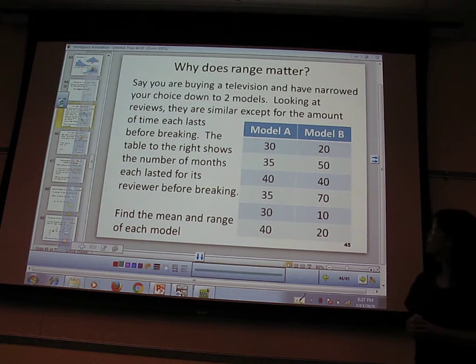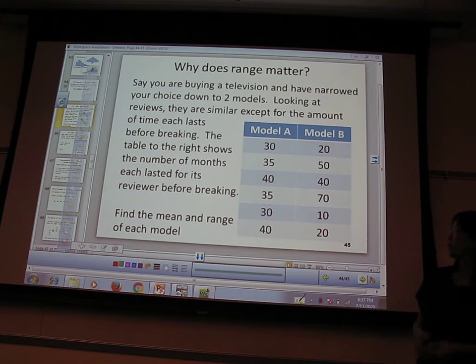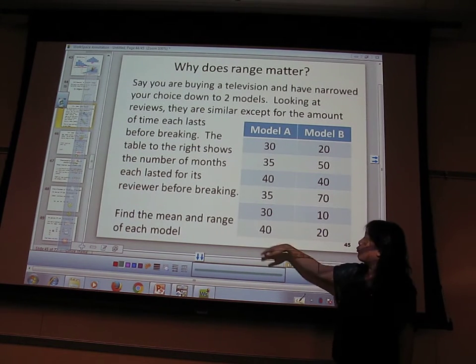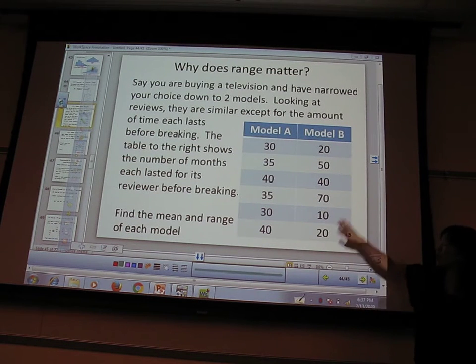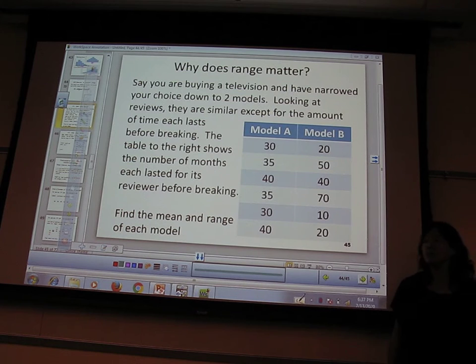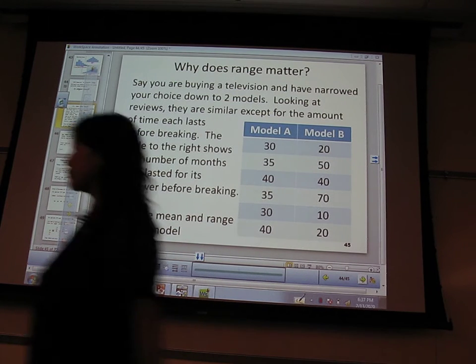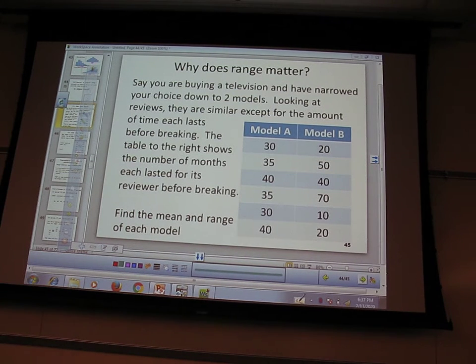So first off, find the mean and range of each model. Find the mean and the range for this Panasonic model, and find the mean and the range for this Sony model. Everybody do that. How do you find the mean?